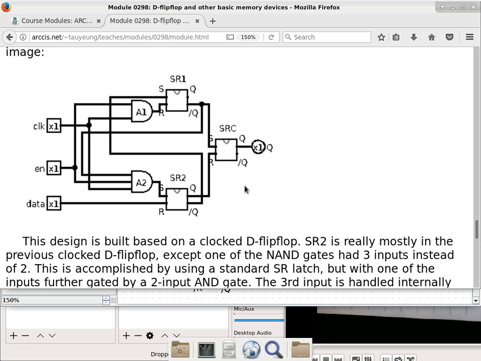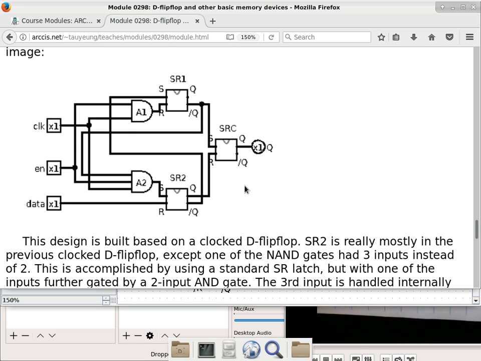Because EN going to A2 and A1 means that when EN is low, when we do not want to enable the device, when we don't want it to update, A2 and A1 will guarantee output zeros. When A1 outputs a 0 to R, it's going to reset, and /Q is going to be 1, so we are not setting anything in the final stage SR latch. At the same time, A2 would also output a 0. When A2 outputs a 0, SR2 is going to be set.